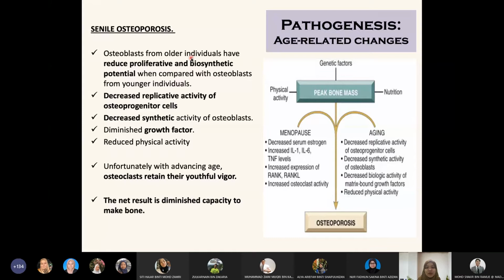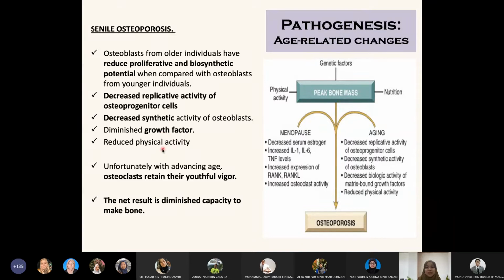So osteoblasts from older individuals are different compared with younger individuals, because number one, there is reduced proliferative capability, and biosynthetic potential is reduced in osteoblasts from older individuals. They have decreased replicative activity of osteoprogenitor cells, then there is decreased synthetic activity, and the growth factors will also be diminished.